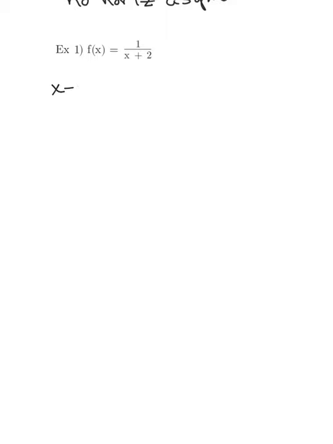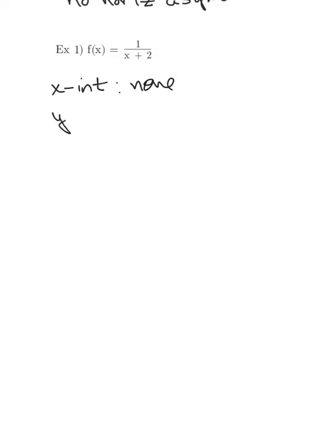Remember, for the x-intercept, the whole fraction would have to equal 0, which means that the numerator would have to equal 0. In order for the numerator to be able to equal 0, there needs to be a variable in it. And this numerator has no variable. So what that tells me is that there is no x-intercept.